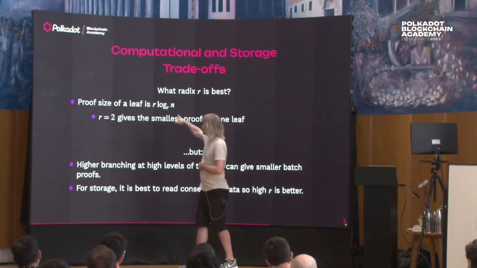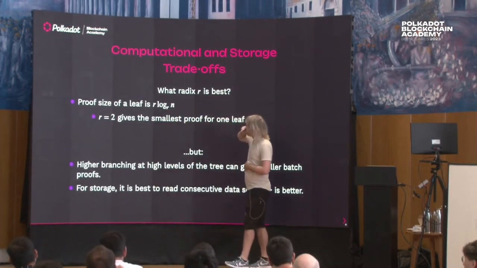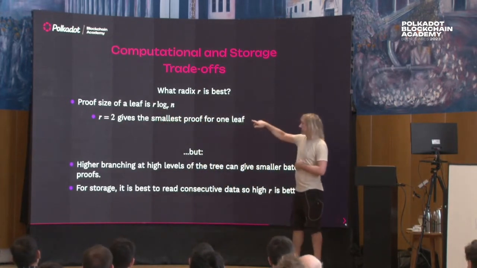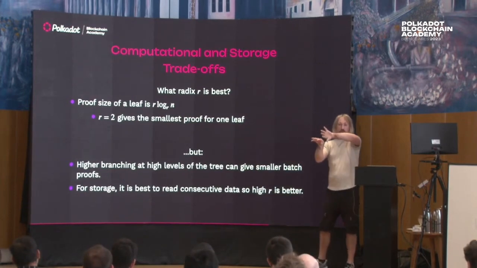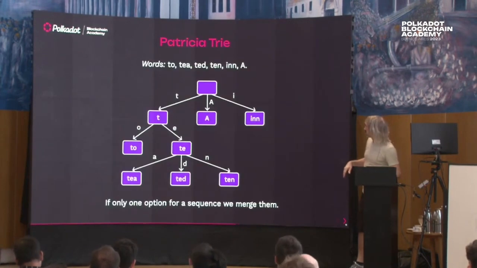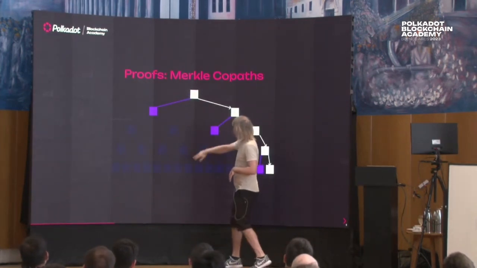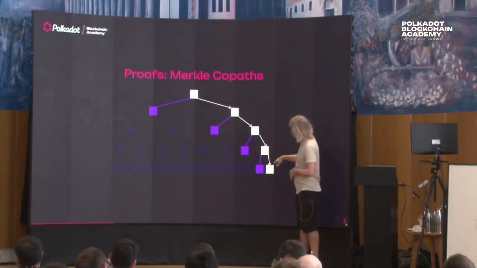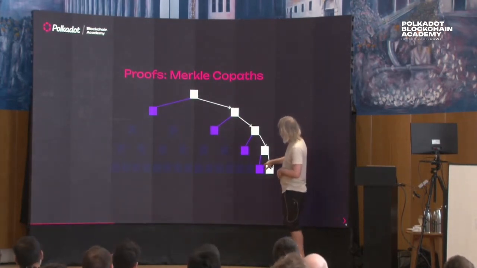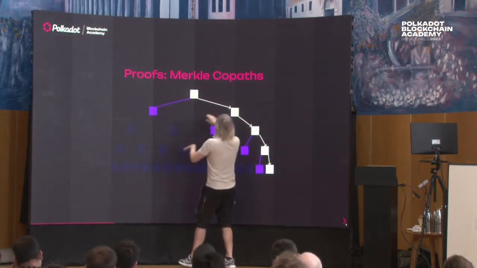Well, we know the proof size is the number of leaves multiplied by basically all of the other nodes left at each branch, right? So in this case, it's log base this radix of the number of leaves, multiplied by the number of nodes at every level that is not this node.